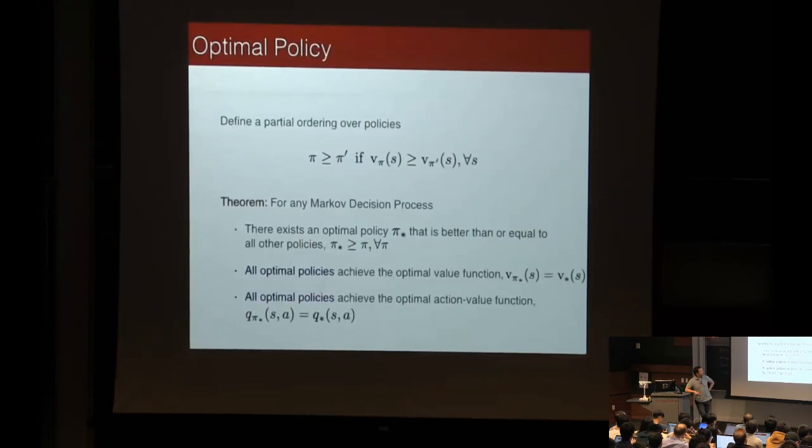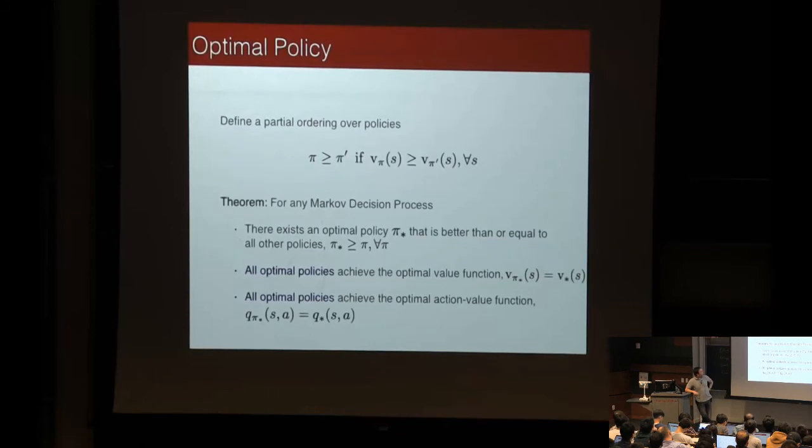So for the optimal policy, we can define a partial ordering of the policies, right? We say that pi is greater than pi prime if the value of the state for policy pi is greater than the value for policy pi prime for all states. Right now we're working in a discrete domain with a finite number of states, so we can have a partial ordering on the policies.